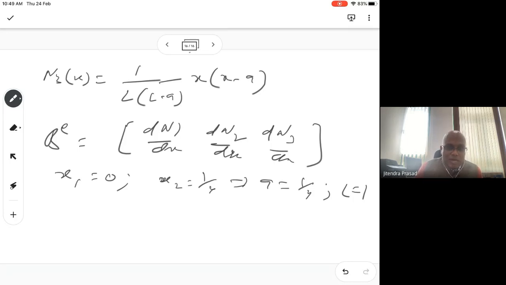And check what happens when xi approaches 0. Okay, here xi, where is the xi coming from? There's something wrong.